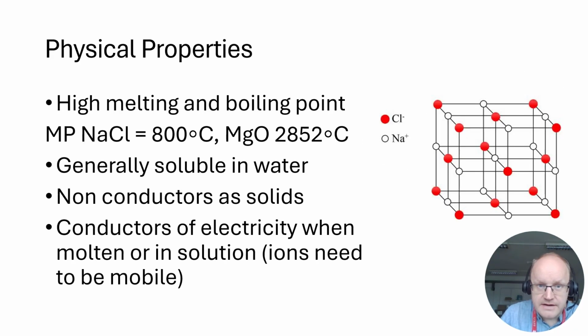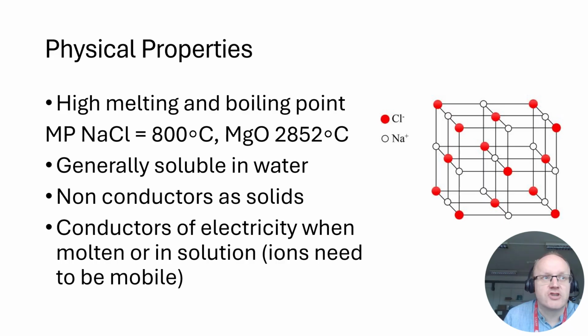Finally then, a comment about the physical properties of ionic compounds. It's probably a good idea to actually define what we mean by the ionic bond at the moment. You've created these ions by either gaining or losing electrons. So the ionic bond, as you can kind of see in the diagram there, is the electrostatic attraction between the oppositely charged ions.